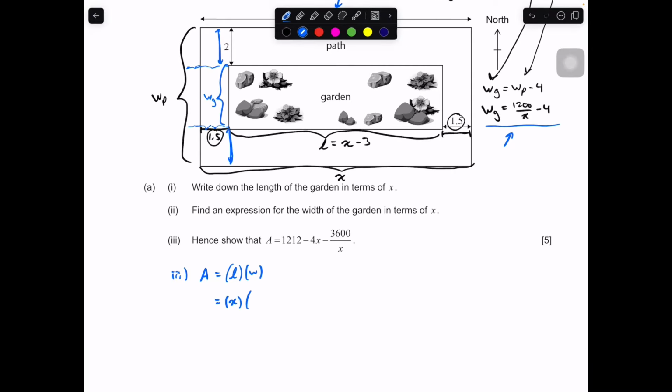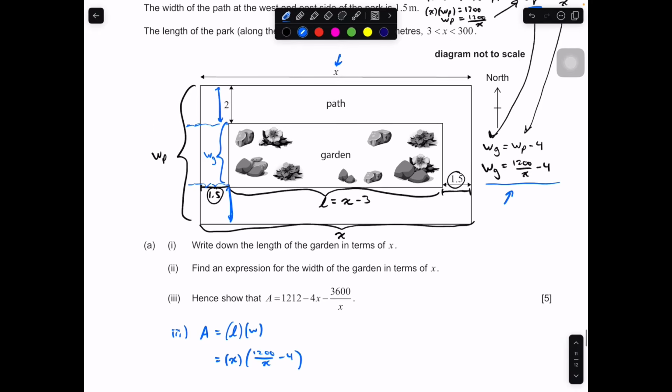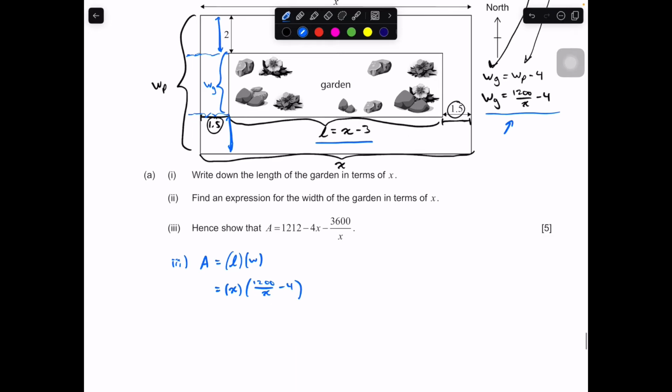And the width of our garden is 1200 over x minus 4. Okay. So, is that all we need to do? No, it can't be. My mistake. The width of the garden is not equal to x. The length of the garden is x minus 3. I thought that looked a little funny.